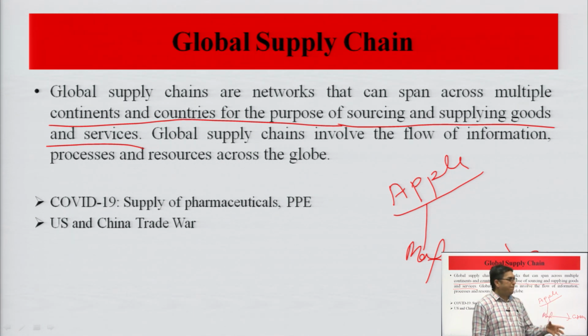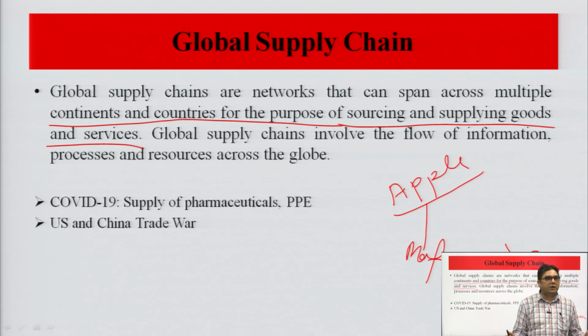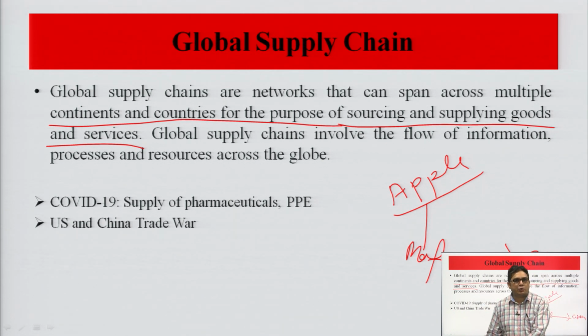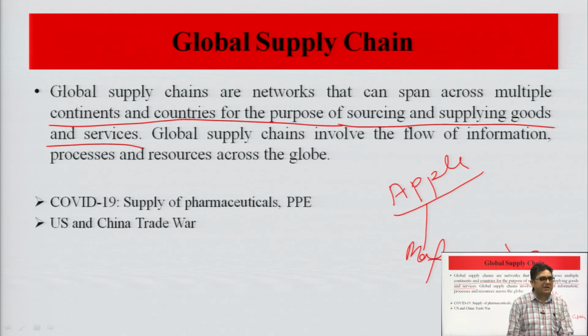Since I am talking about Apple, it is expanding its supply chain across the world. It is expanding its supply chain into Asia, and into Africa. Since the company would have a global supply chain, it would be able to cater to customers across the globe.